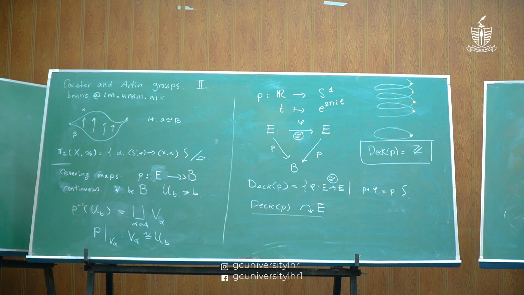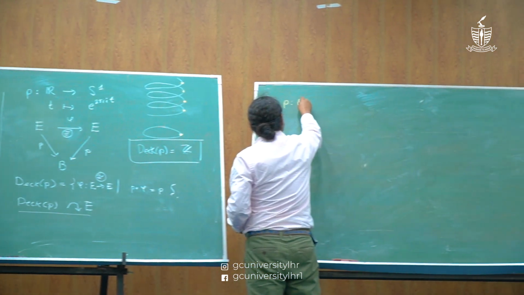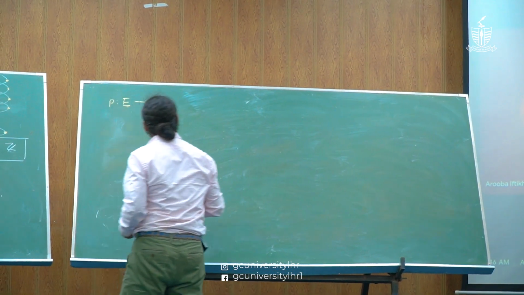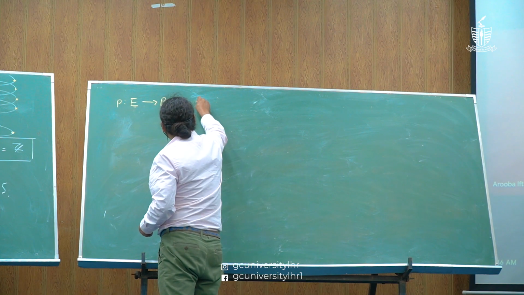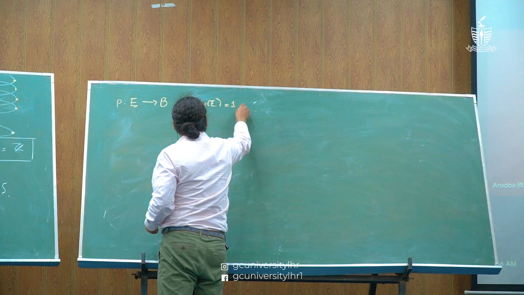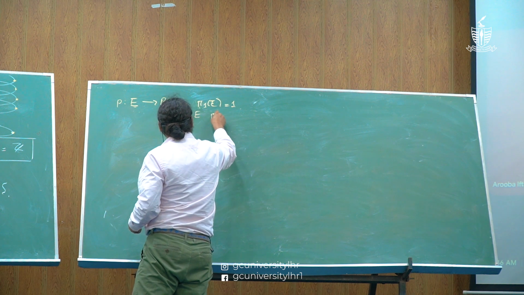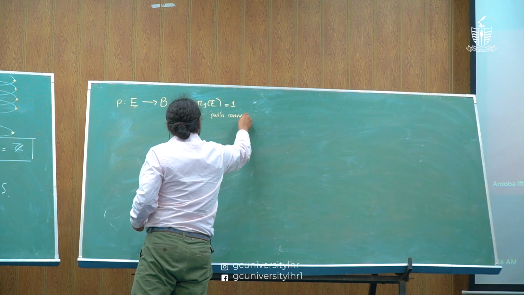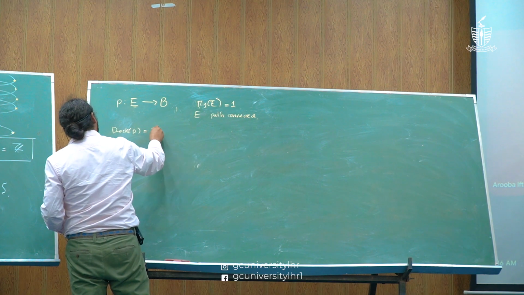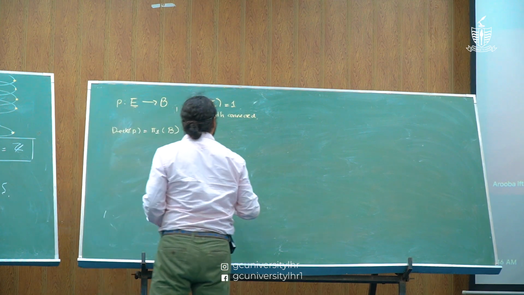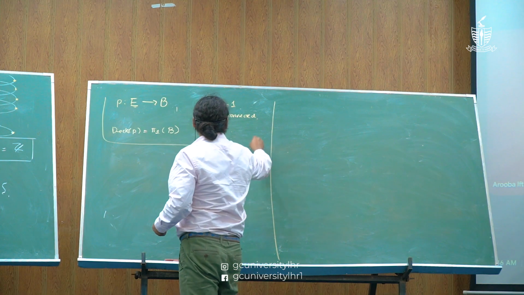And it turns out that when we have something like this, we have a covering map such that π1 of E is trivial, and E is path connected, then we will have that the deck transformations of P is equal to the fundamental group of the base. This is one result.